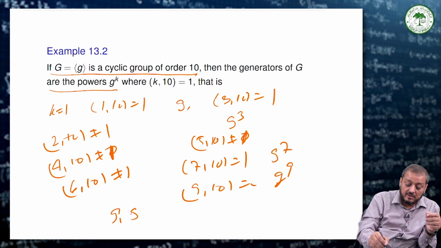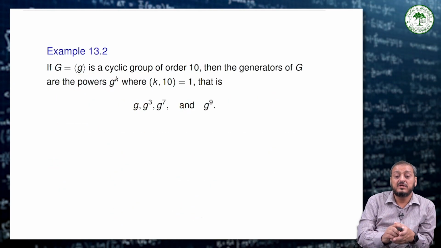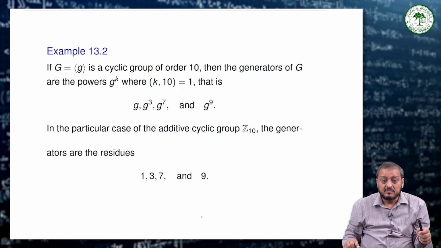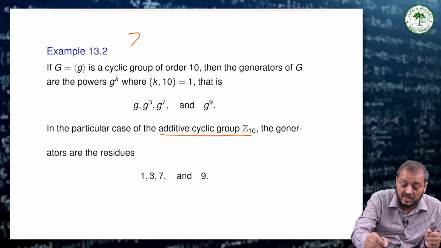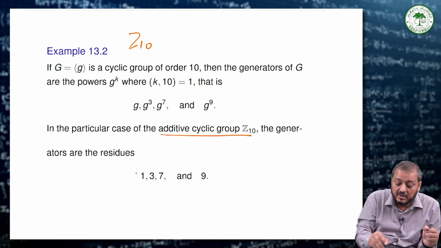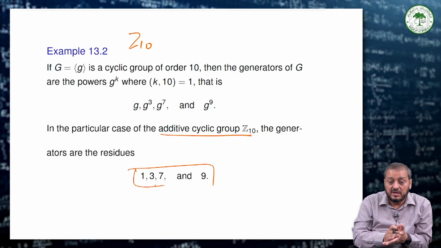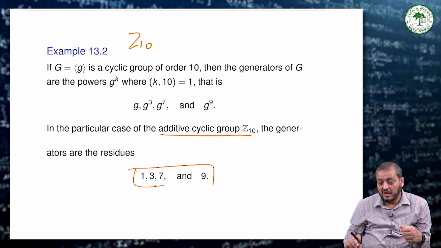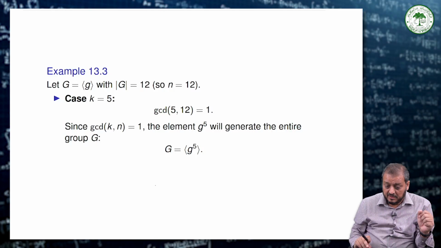This means g, g to the power 3, g to the power 7 and g to the power 9 are the generators of this group. In the particular case of the additive cyclic group Z10, the generators are the residues 1, 3, 7 and 9, because they are relatively prime to 10. So, they are all the generators of this group.